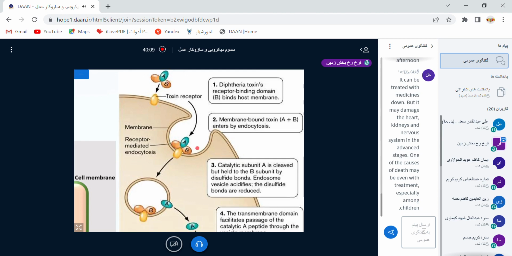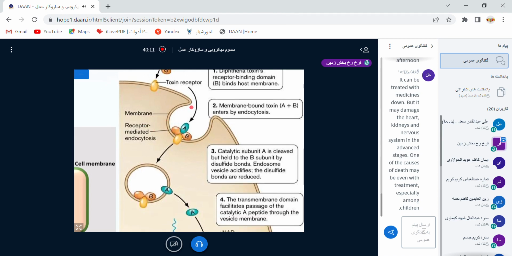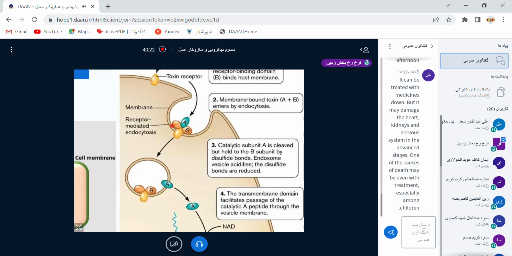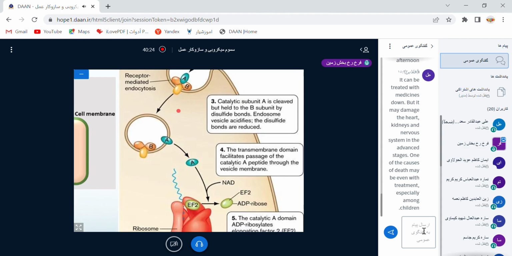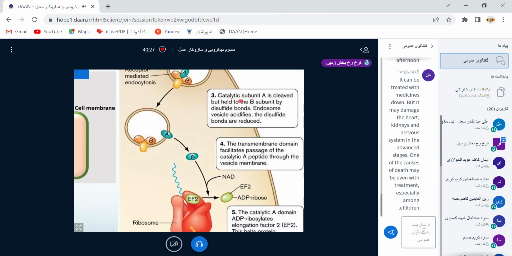It is endocytosis by the cytoplasmic membrane, receptor-mediated endocytosis. Number 3, catalytic subunit A is cleaved from the B subunit by dissociation of the disulfide bonds.